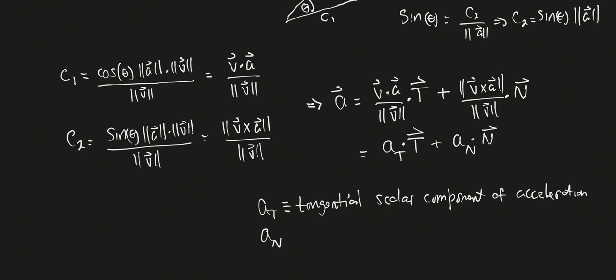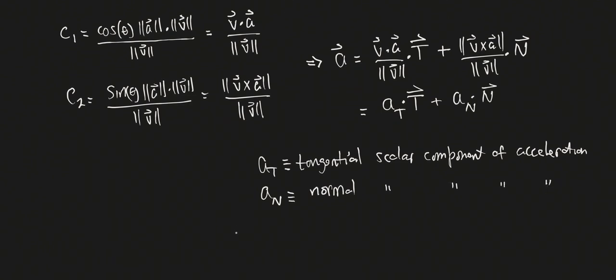A sub N, that's the normal scalar component of acceleration. When you take your scalar tangential, so a sub T times T, this is defined as the tangential vector component of acceleration.